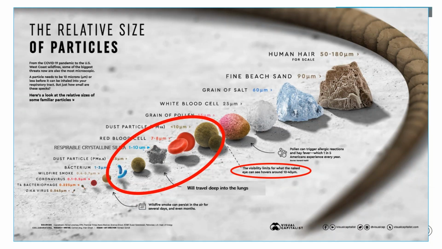And then on the same hand, there is some bacteria that are the same size as these very small silica particles that travel deep into our lungs. And so you also notice this line right here above the 10 micron line. This is where the ability for our eyes to see that in the air diminishes. We cannot see these size of particles in the air, but we know they're there.